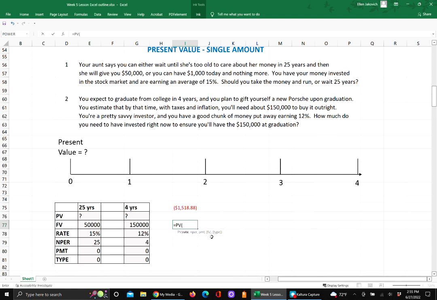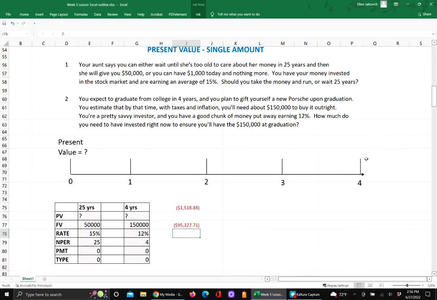Then I put in what Excel tells me to type in, so I'm just going to click on it. The rate is 12%, I click on it, put a comma. Number of periods, click, comma. Payment, click, comma. Future value, click, comma. And type, click, and close parenthesis. Hit enter.